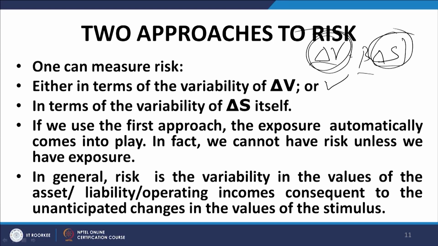If you do not have exposure, you do not have risk, provided you use delta V as the measure of risk. Conventionally, it is the practice to use the variation of delta V, the changes in the value of the asset or liability, which is influenced by the risk factor, as a measure of risk. That is the common practice.